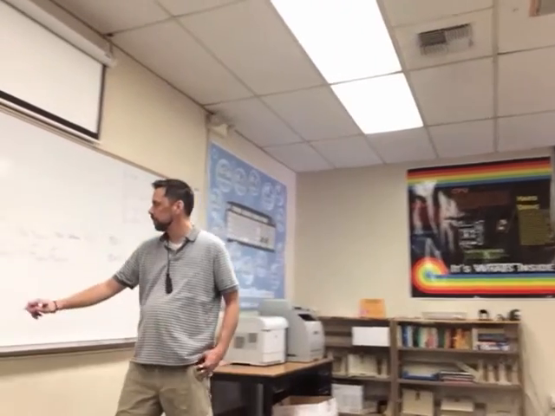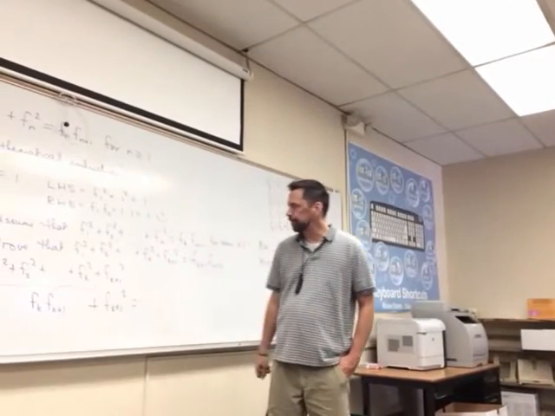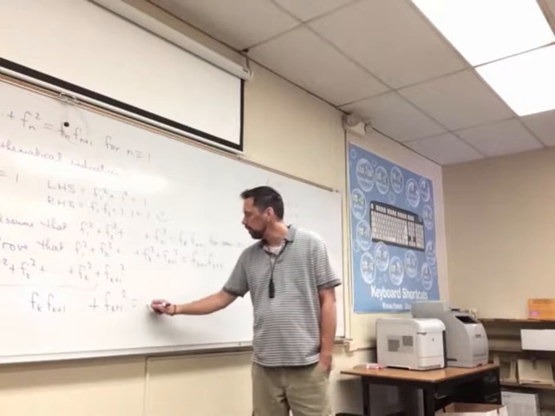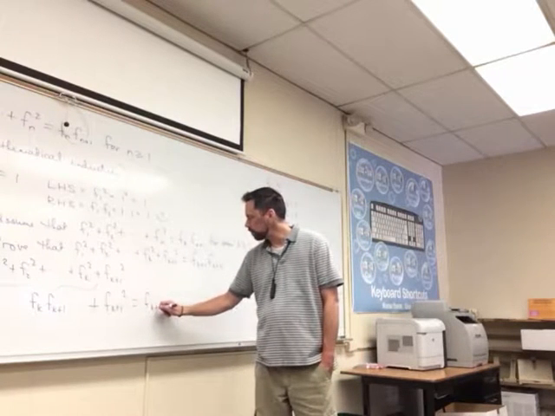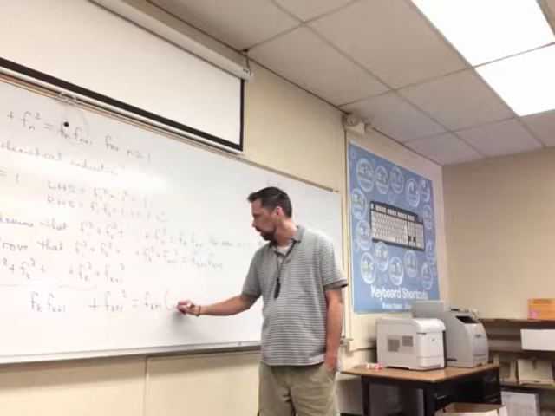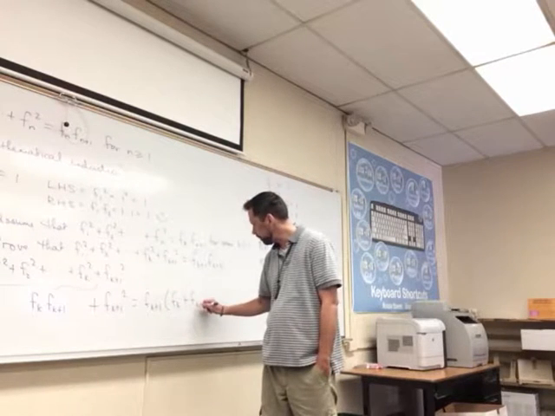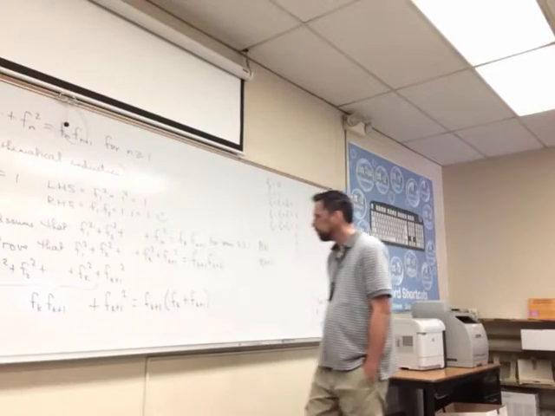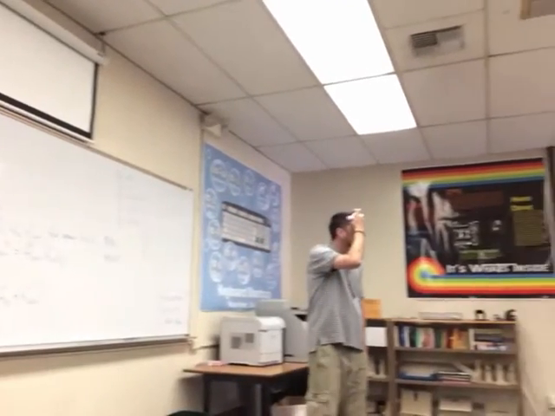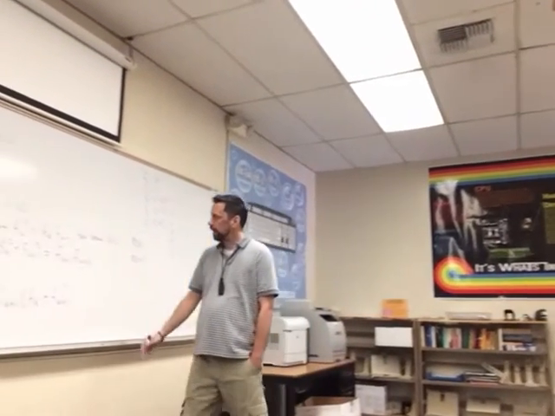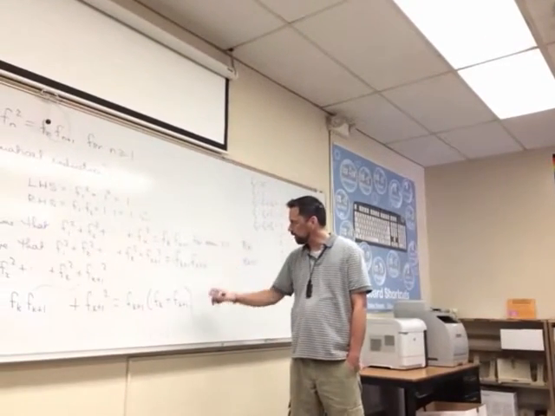Okay. Well, look what happens when you factor out an f sub k plus 1. Factor out f sub k plus 1, you're left with an f sub k and another f sub k plus 1. And I claim, and I want you to think about why this is true, I claim that this is definitely equal to that.